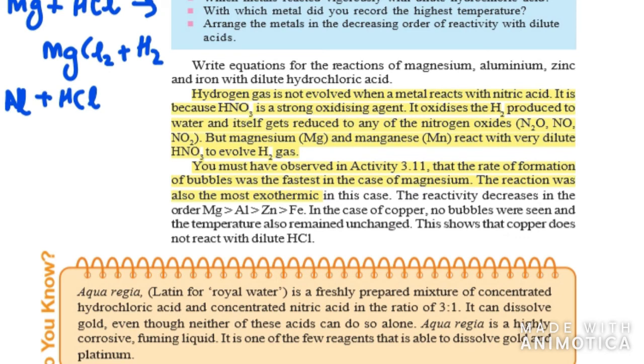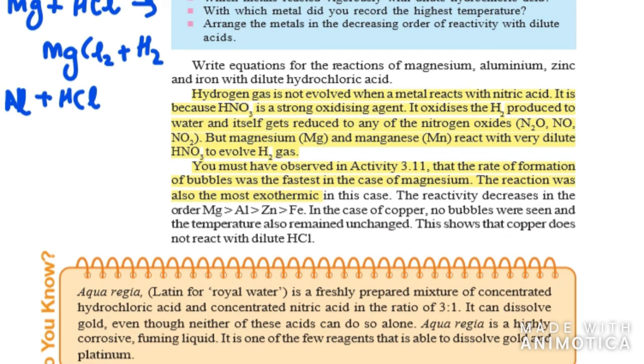Now, we have magnesium, aluminium, zinc and Fe. Fe is iron. This is the order of decreasing reactivity. The rate of formation of bubbles was the fastest in the case of magnesium because, being the most reactive one, it will have a quick reaction, whereas iron will have very little reactivity, or you can say very few bubbles will be there.